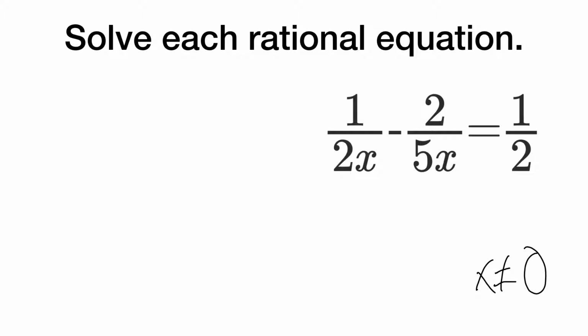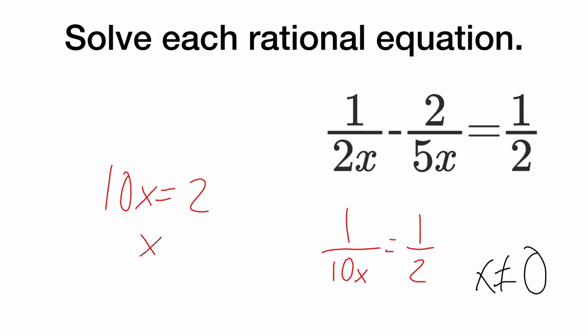So that becomes 5 minus 4, which ends up being 1 over 10x equals 1 over 2. So when I put this across, that means that 10x equals 2, or x equals 1/5.